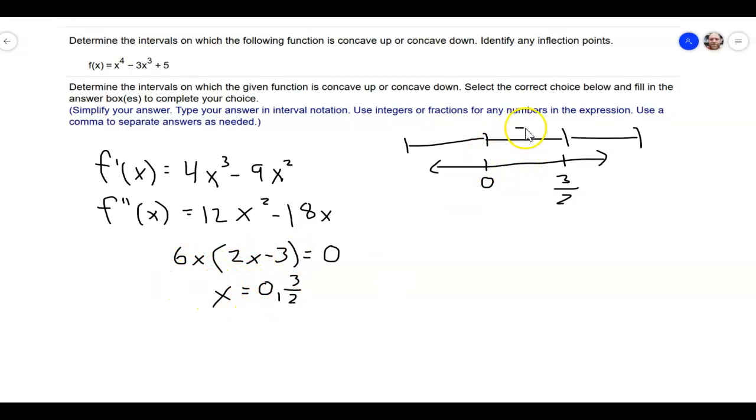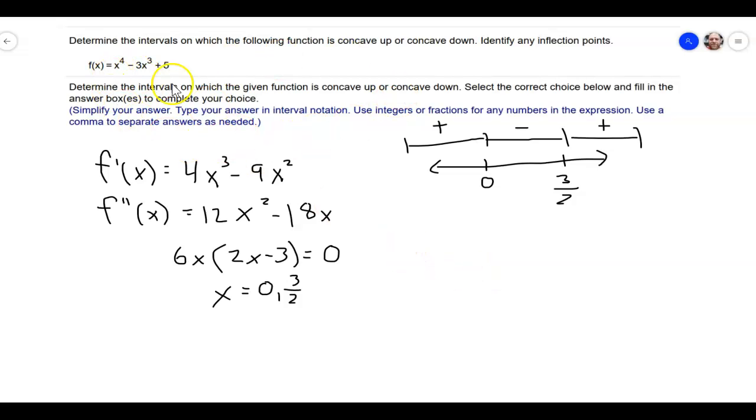If I take a really big number, I get a positive there. And if I take a really small number, I get a negative times a negative, which is a positive. So I'll get concave up, concave down, concave up, and those are my inflection points.